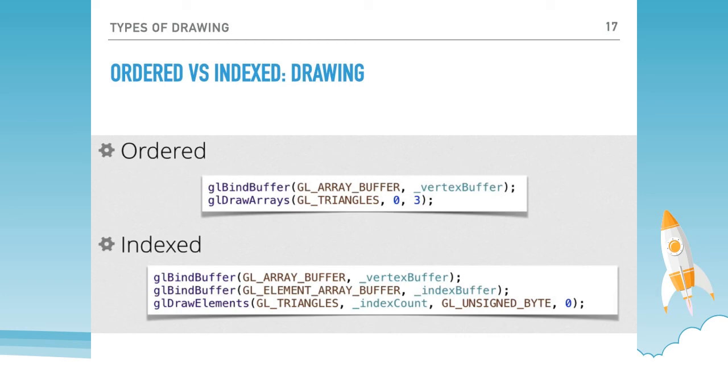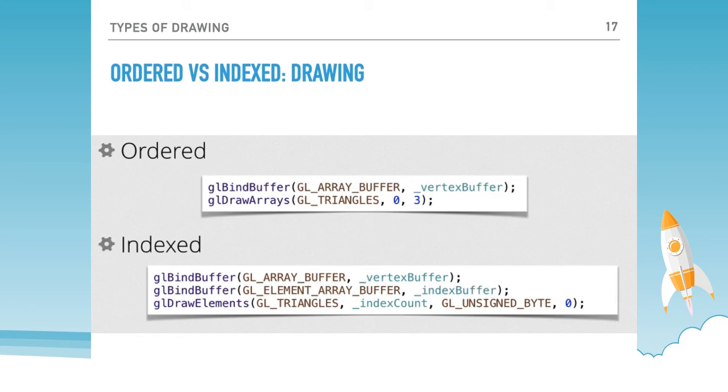On the other hand, for index drawing, it's a little bit different. You still bind the vertex buffer as usual, but you also have to bind the index buffer to the element array buffer slot. Instead of calling glDrawArrays, you have to call glDrawElements.